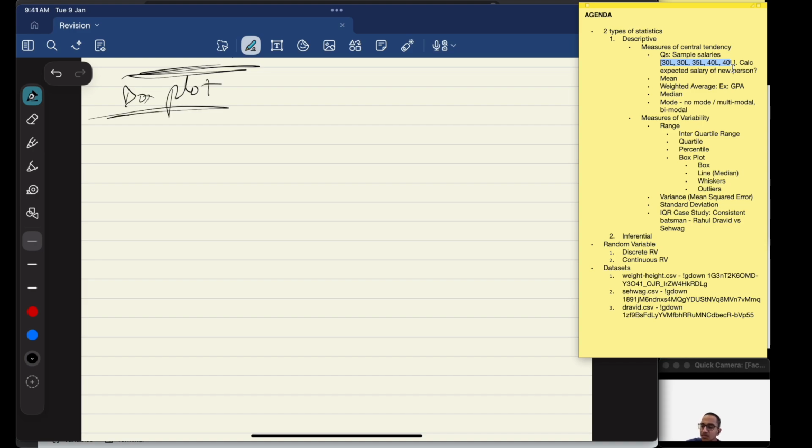So suppose we have some data points like, let's say, 1, 15, 16, 17, 17, 18, 20, 25, 25, and maybe, let's say, 100, 200, 250, 255.